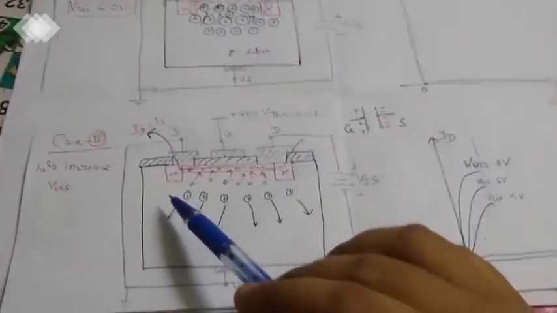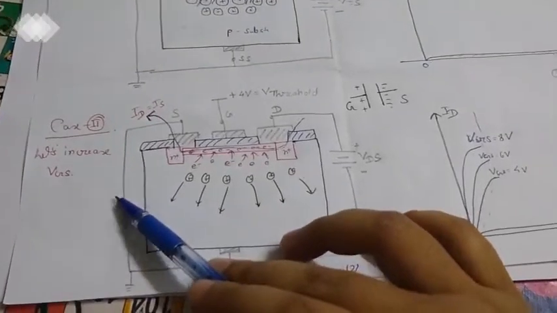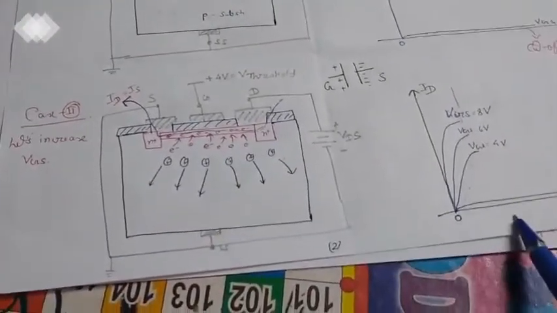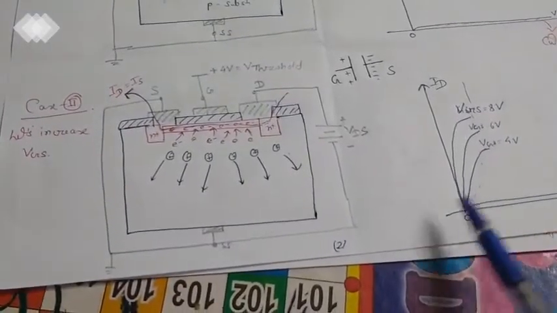Next, let's take case 2. Here we'll increase VDS, but VGS will increase from 0 to a small value, and let's see what happens.